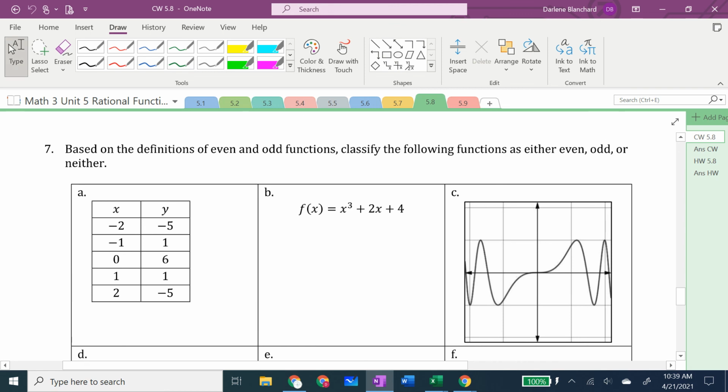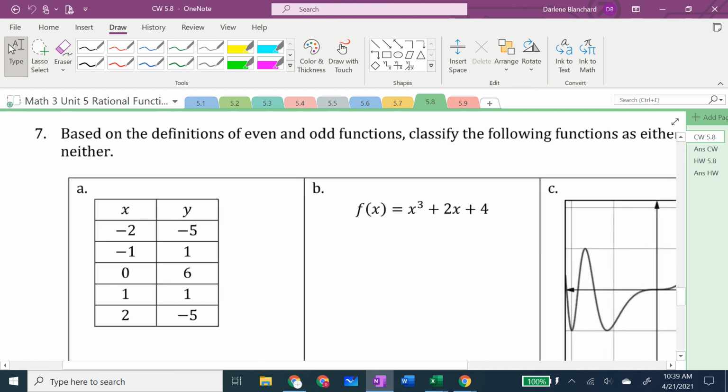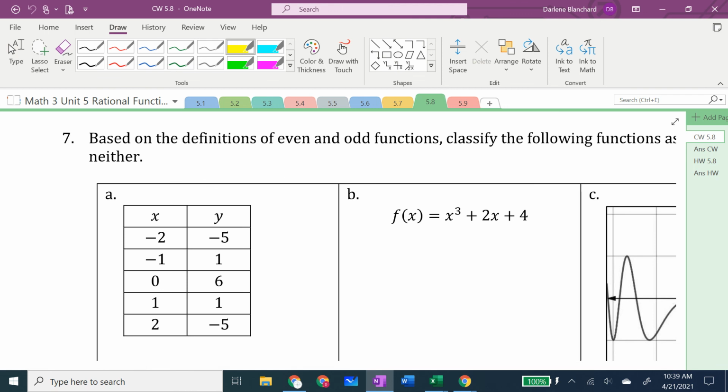All right. So on number 7, letter A, we have a table of values. And what you want to look at on a table of values are the opposite signed x's. So I'm highlighting a pair of opposite signed x's. What do you notice about their y values?